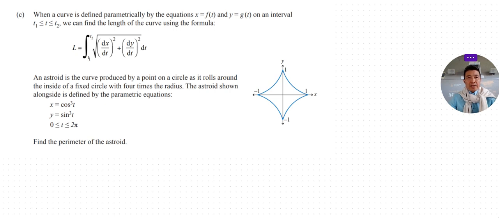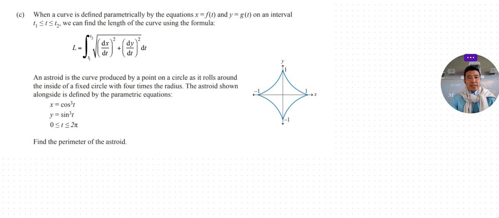When a curve is defined parametrically by the equations x equals f of t and y equals g of t on an interval t between t1 and t2, we can find the length of the curve using the formula like this.